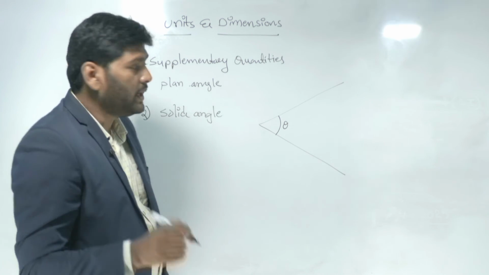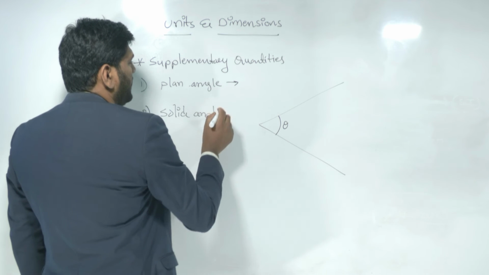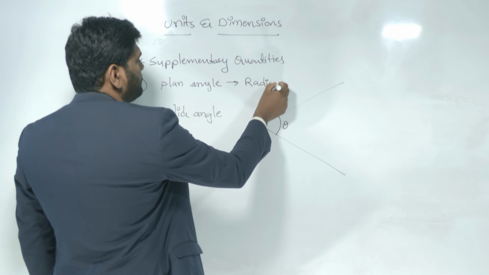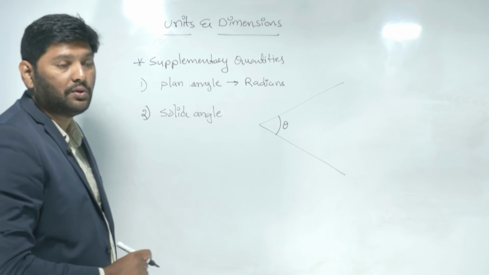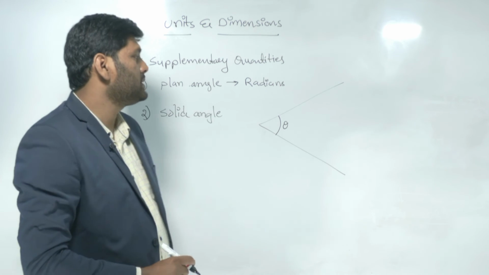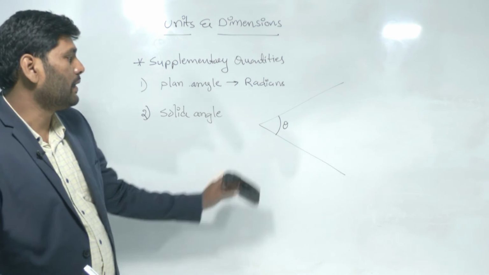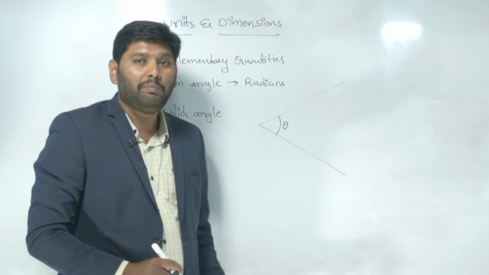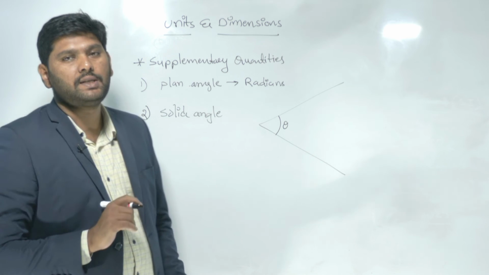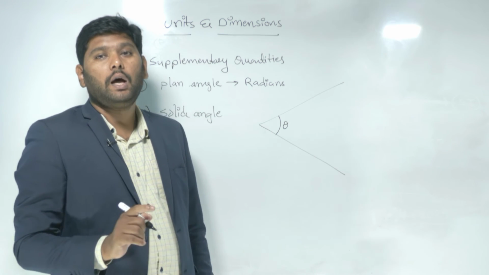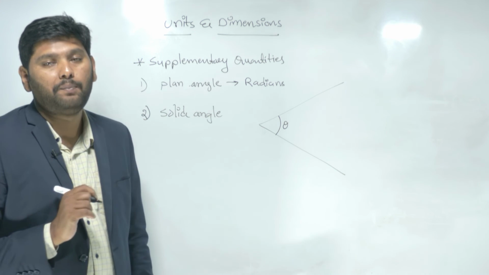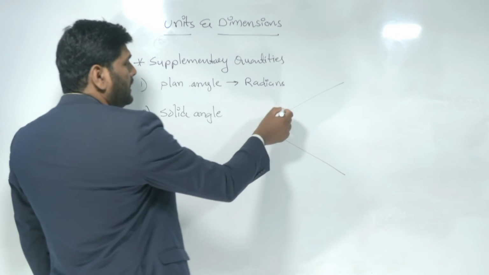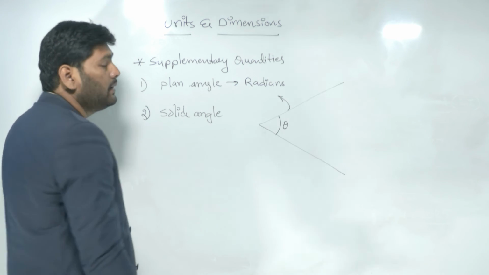The SI unit for the plane angle is radians. Got my point? The units for the plane angle are radians.